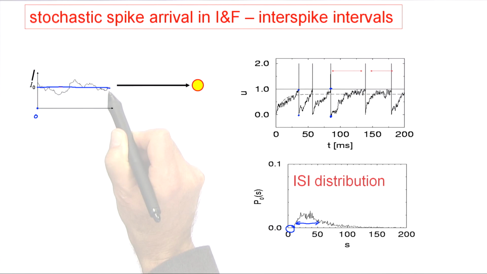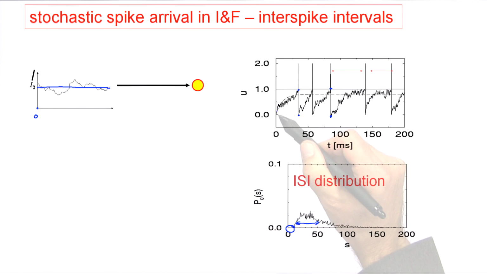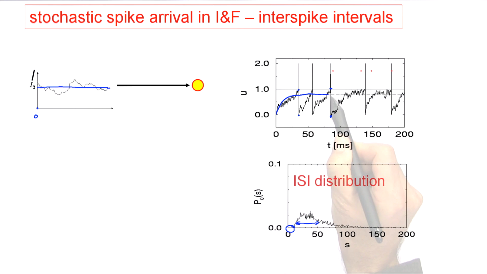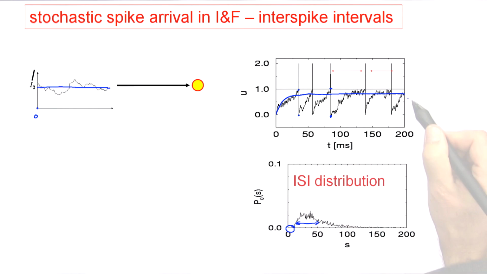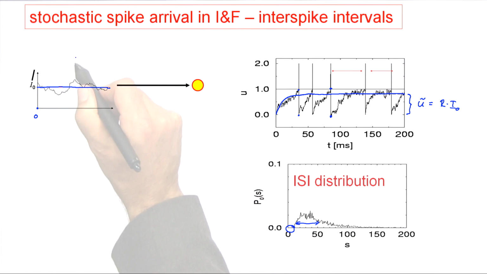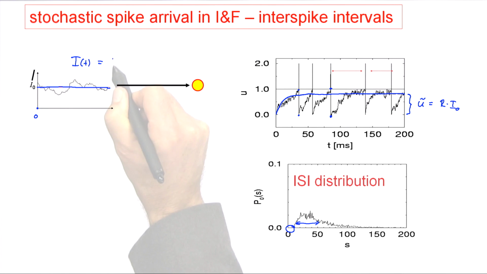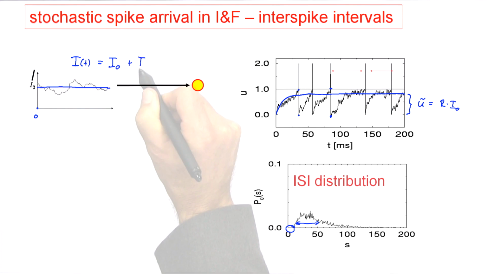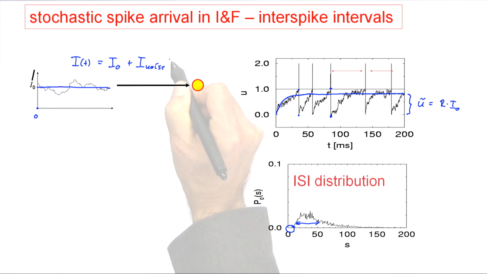If I use this constant value, my neuron, which is then noise-free, would show a membrane potential that exponentially approaches a final value, which is U tilde equals R times I0. The total current has this constant part plus a noise part. The noise part is the time-dependent part.